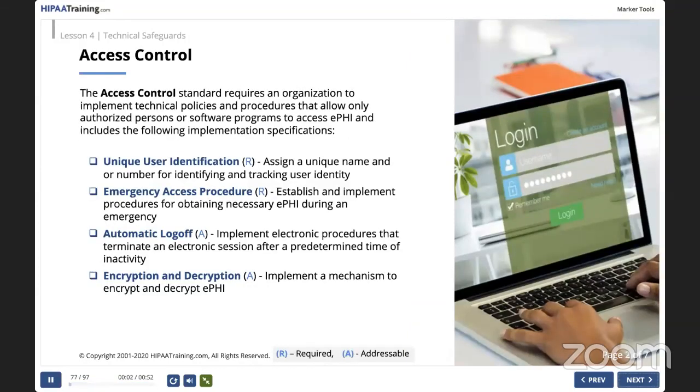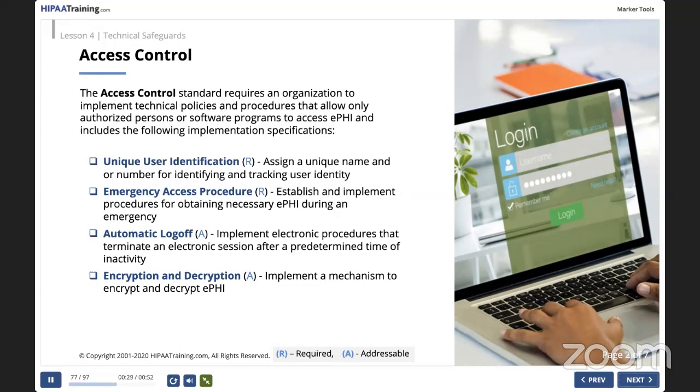Access control. The access control standard requires an organization to implement technical policies and procedures that allow only authorized persons or software programs to access EPHI and includes the following implementation specifications. Unique user identification. Assign a unique name and or number for identifying and tracking user identity.